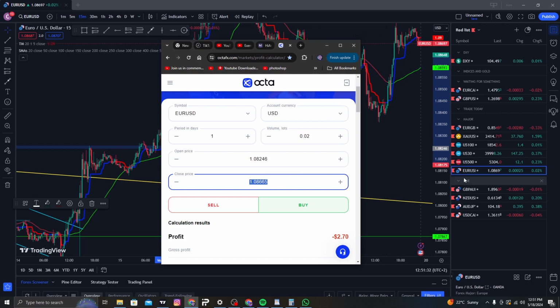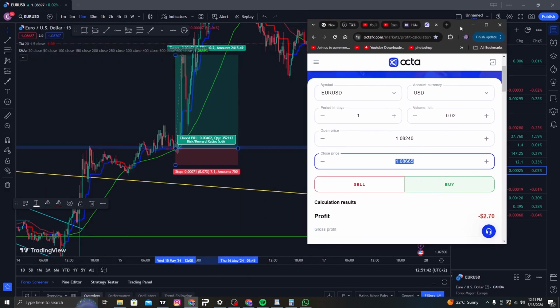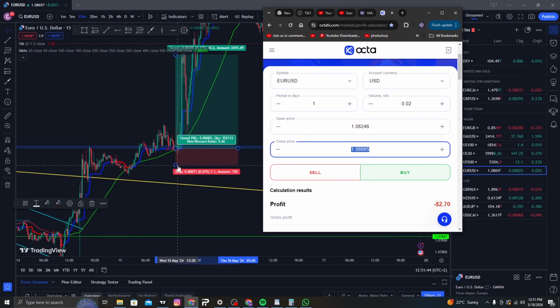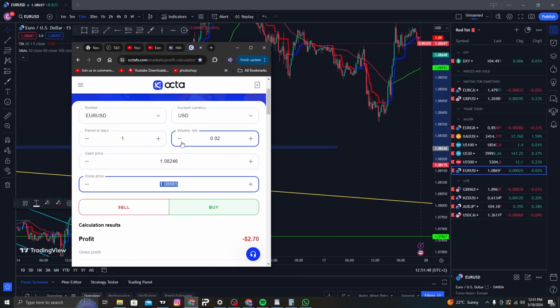This is your exit point. You see your exit point is here. So let's write that number, which is 1.08175, right? You got this, right?